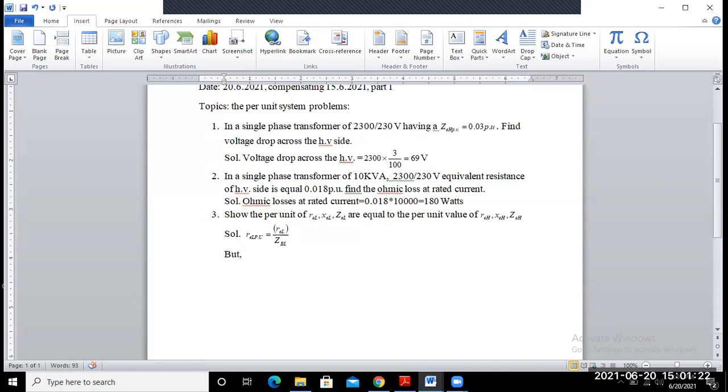Okay, this was already covered when we discussed equivalent circuit parameters and referring parameters from one side to another, that means high voltage side to low voltage side or low voltage side to high voltage side. So parameters can be referred to either side. That formula we can use here and write the value of R_EL in terms of R_EH, that means the high voltage side.